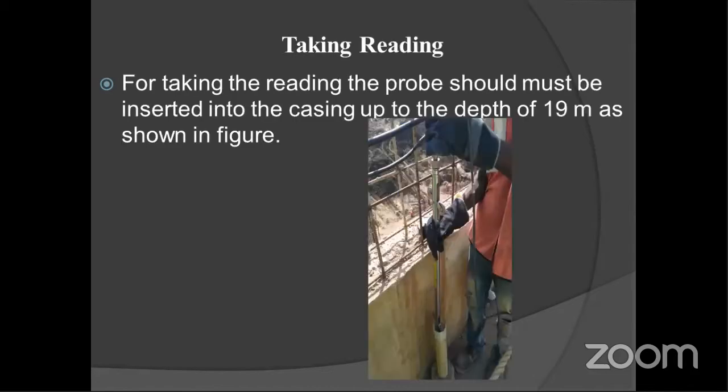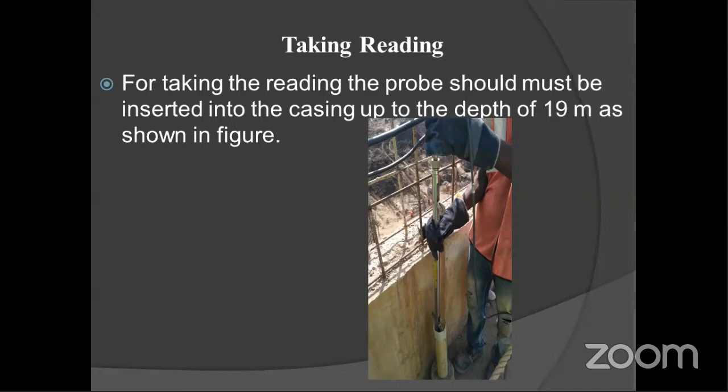We have to put the inclinometer device like this only. It will have two wheels, one for the x-axis and another for the y-axis, so that we can get to know the deflections. The main thing is that all these things should be done before starting the excavation.